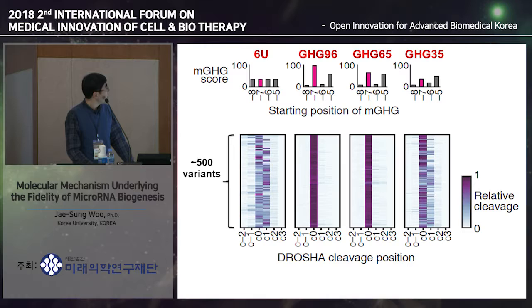But we included a high score GHG motif, and it showed an extremely homogeneous pattern. Even the lower scores, like 65, showed an almost homogeneous pattern here, which means the high score GHG motif is the champion. It actually wins over the other motifs.